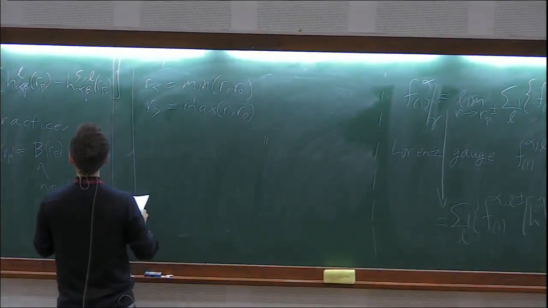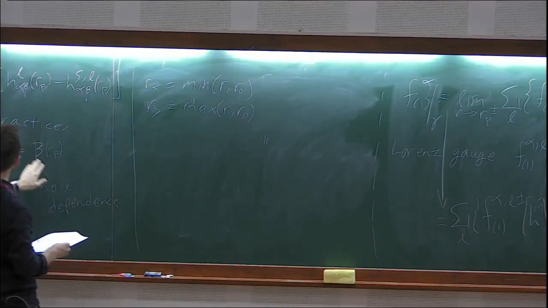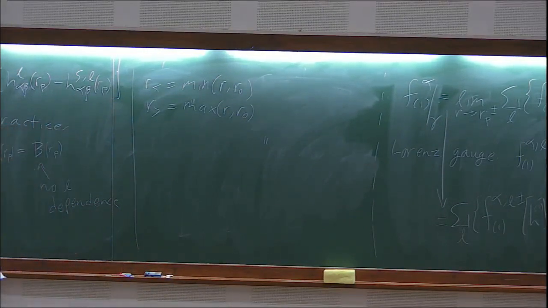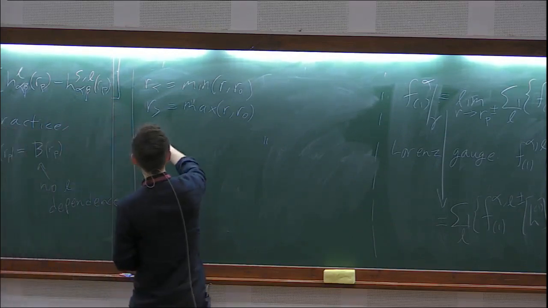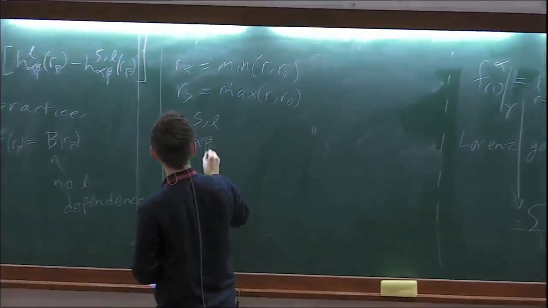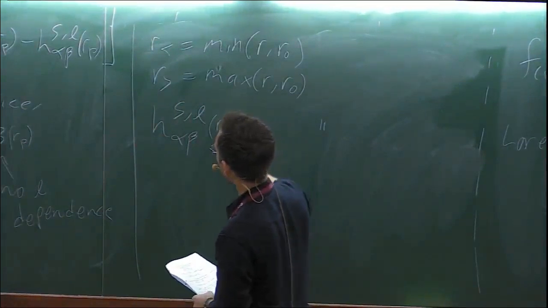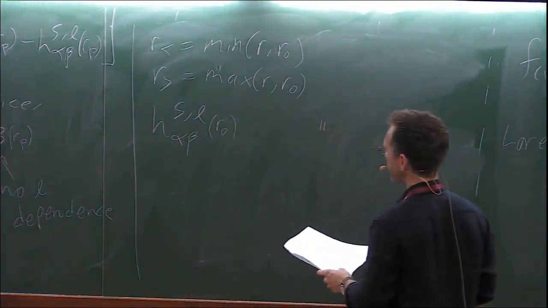So say we wanted to calculate the B parameter, this B parameter here. This was just evaluating the individual modes summed over m, evaluated at r naught or r_p, in this case, same thing.